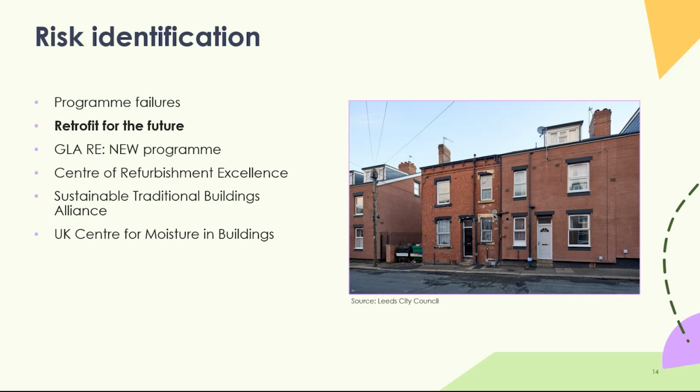So having some endpoint examples to learn from is worth looking at, particularly if you've got stock that matches up very nicely with some of those 115 houses. Retrofit for the Future, an interesting one to look at.